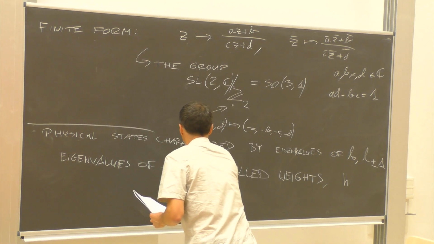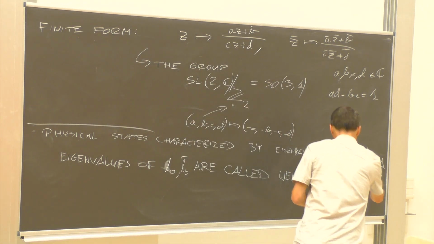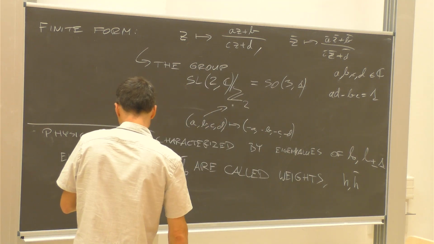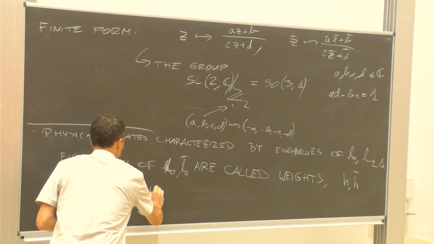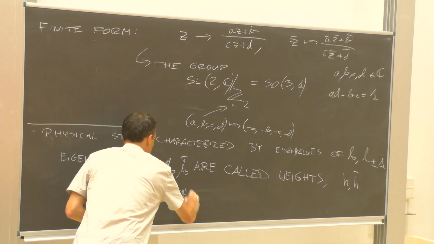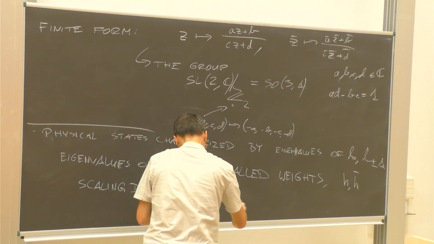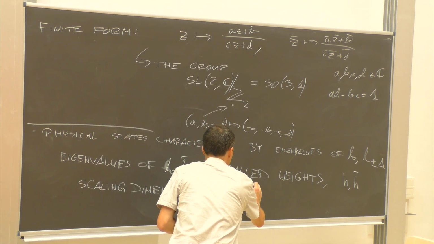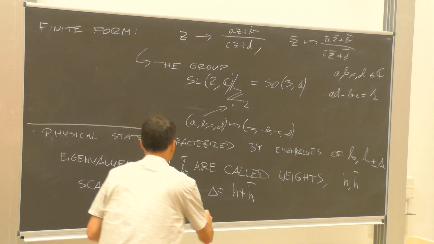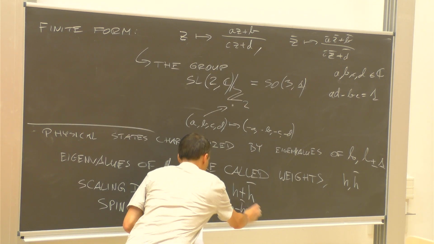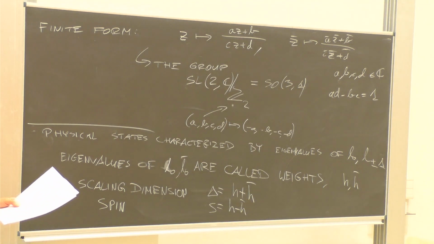Well, L0 and L0 bar. So they are denoted by h and h bar. And there is a quantity referred to as scaling dimension, often also denoted by delta. So this is the sum of h and h bar. And there is a quantity referred to as spin, which is the difference of these. Okay, so I think that for now, this is all I can say, and I will continue tomorrow.